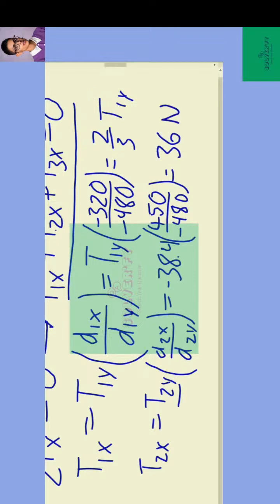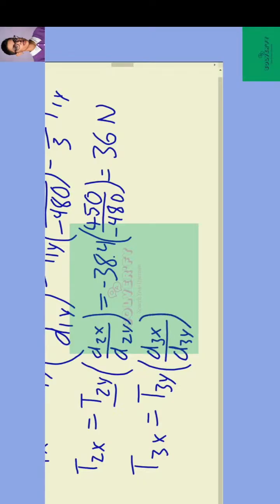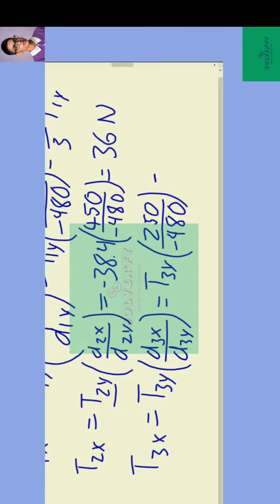This gives us 36 newtons. Lastly, cable 3, we get T3y times the x dimension over the y dimension for cable 3, which would be 250 millimeters over negative 480 millimeters.